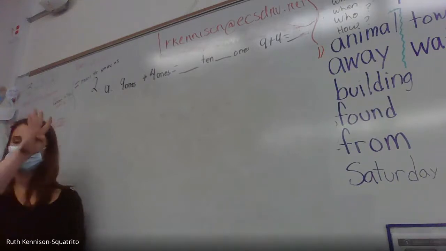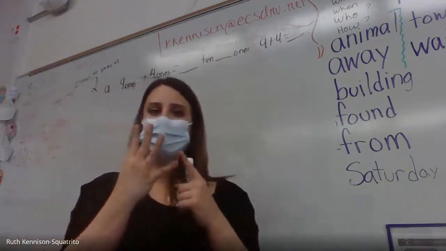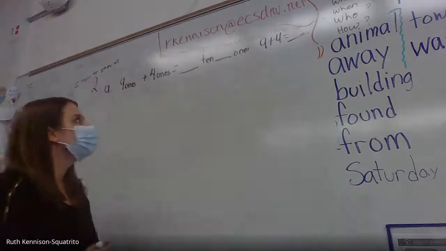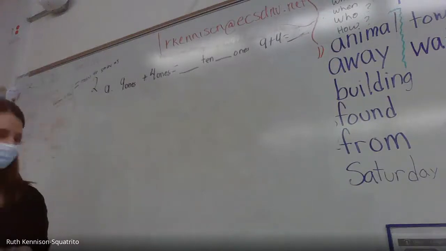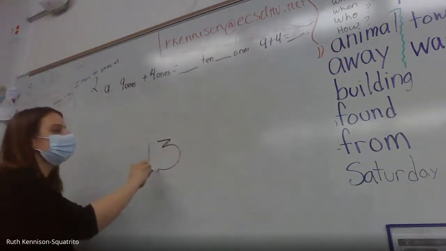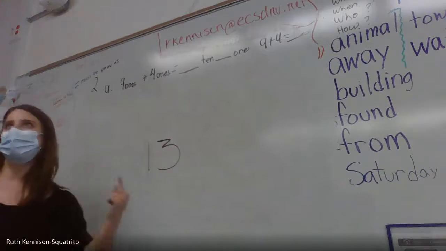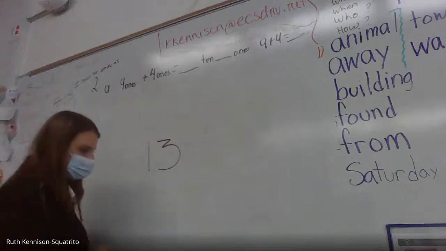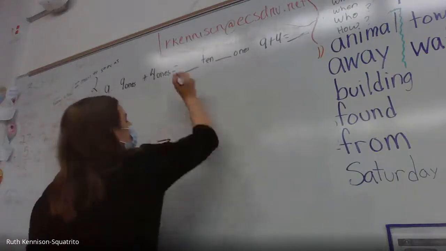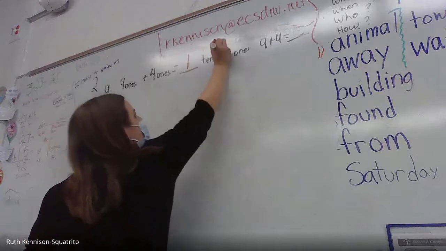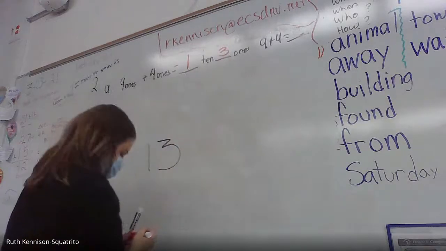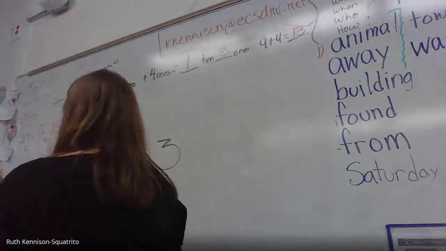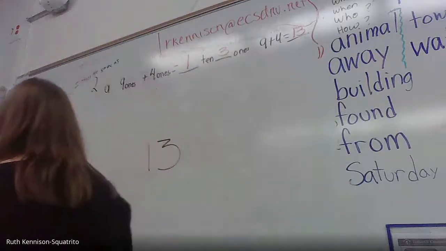All right, let's try 9, 10, 11, 12, 13. Right? Well, 13 has how many 10s? If you look at the number 13, 13 is a group of 10 and 3 extra ones. So that's what you write. 1 10 and 3 ones. And then write 13 here. Then that will be 13, right? Because 13 is a group of 10 and 3 extra ones.